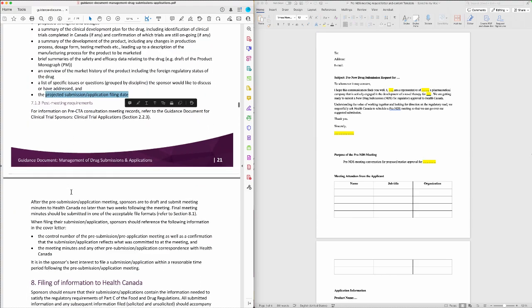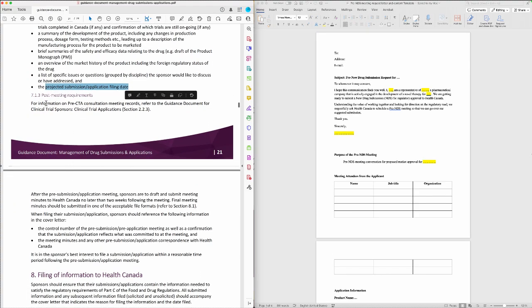Now, the next section, of course, is about the post-meeting requirements. So I'm not going to go over the post-meeting requirements in detail, but as it is written in the guidance document, we will need to file, I would say we have to write the meeting report. We also have to keep a documented proof of the fact that the meeting did take place.